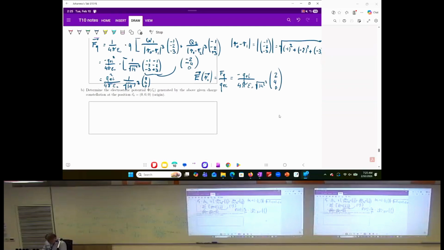So now determine the electrostatic potential, which is generated by the above given charge constellation at the position. There you can make use of the Coulomb potential. We know the Coulomb potential, but we haven't ventured into so much detail, but I want to show you nevertheless.